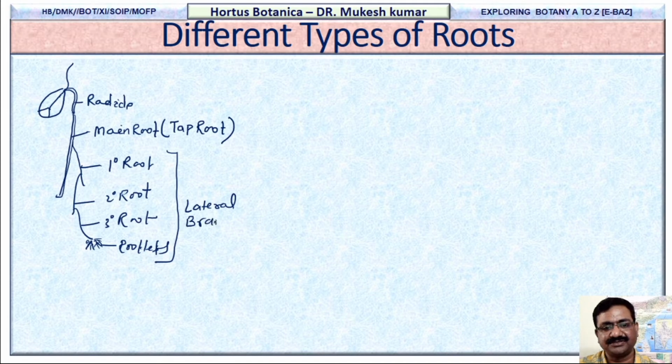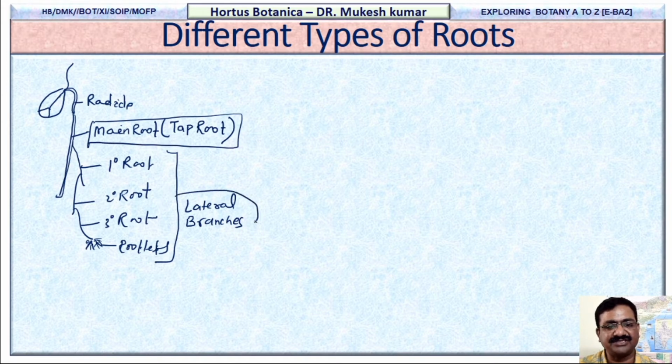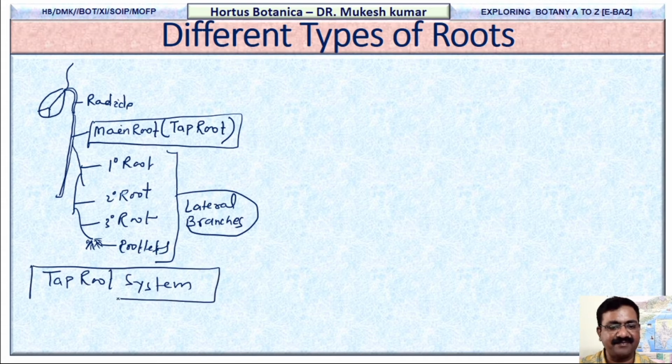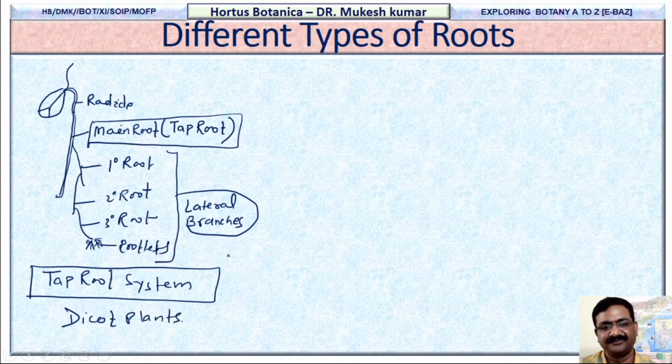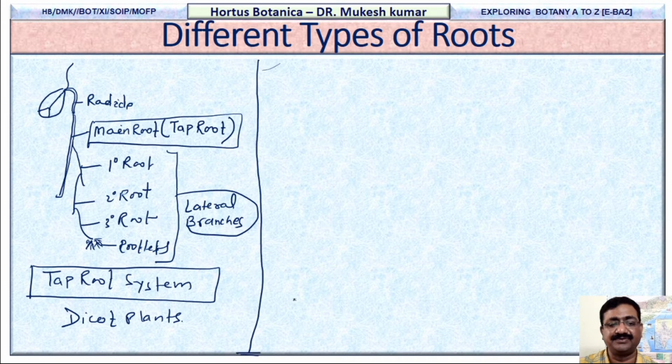This main root along with these lateral branches constitutes the taproot system. And I told you that this taproot system is very common in dicot plants. Is it clear? Fine. So the first type we finished, and this is called the taproot system.